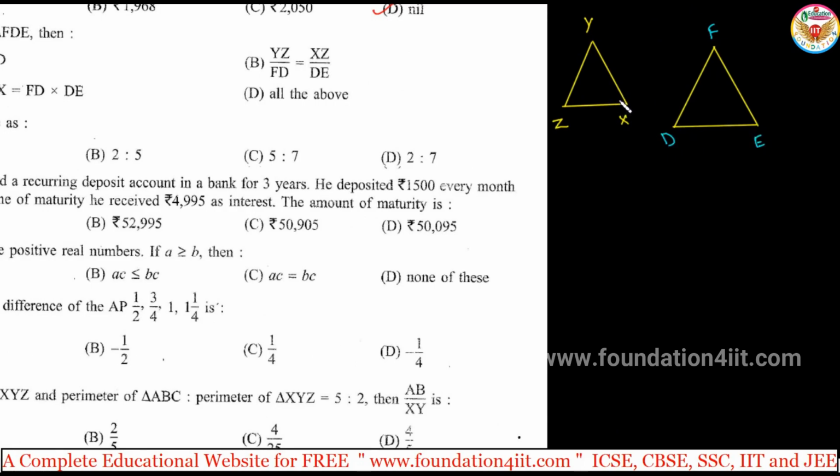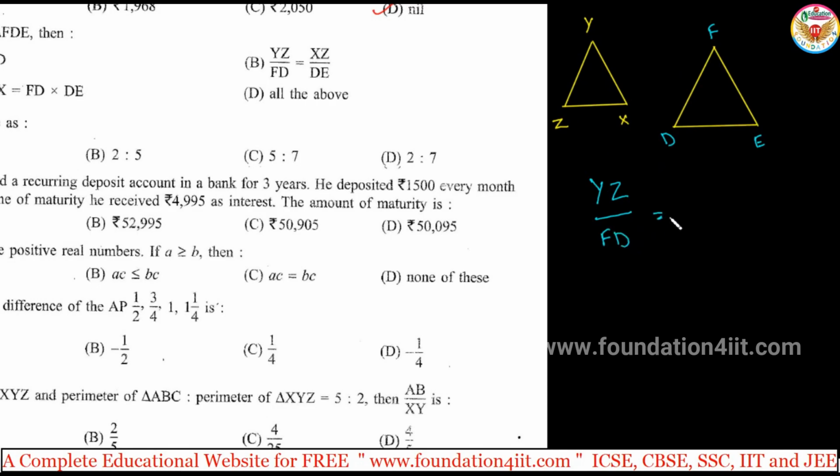Corresponding sides are in the same ratio. So YZ divided by its corresponding side FD is equal to ZX divided by DE. Corresponding sides are in the same ratio. See whether it is matching or not.